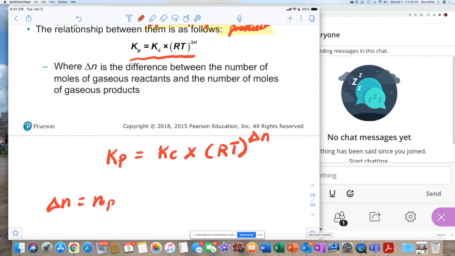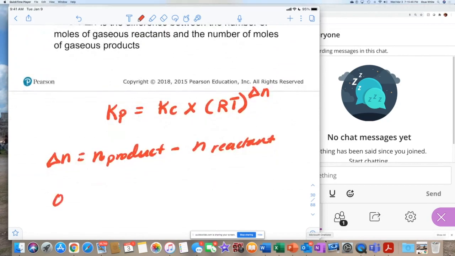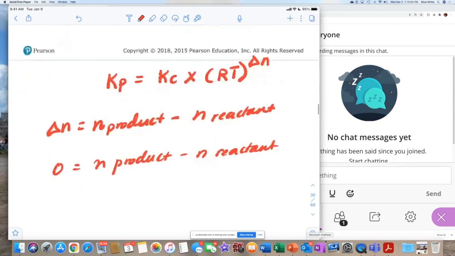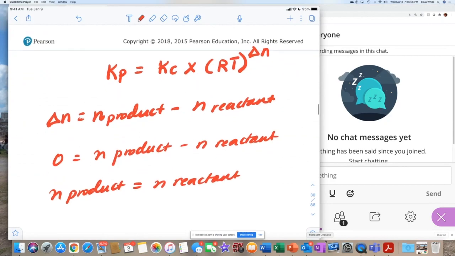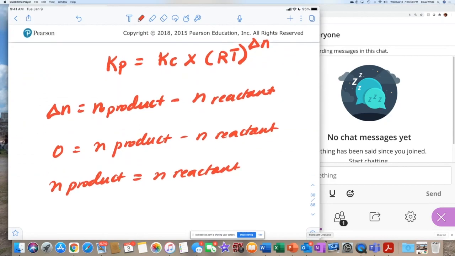So number of moles of product minus number of moles of reactant have to be equal to 0, right? In other words, all of these words are just saying that number of moles of product must equal number of moles of reactant. That's what they're saying. Okay, I just rearranged this. So if delta N is 0, what happens?